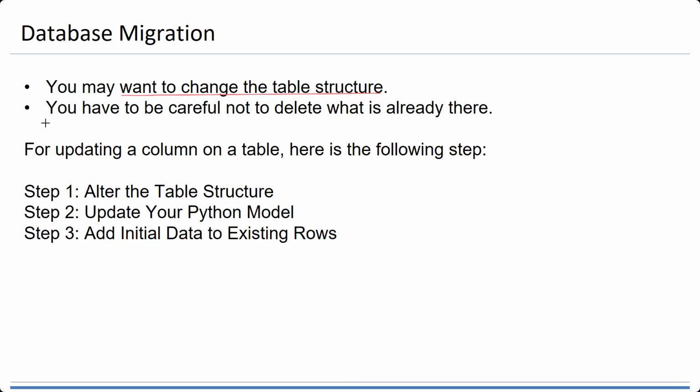And okay, this is a note. You have to be careful not to delete what is already there. So whenever you have the database and you want to upgrade, for example, now I have the function to connect to the user name and user ID. But because of the new requirement from the government, you need to add more, like now we have two-phase verification.